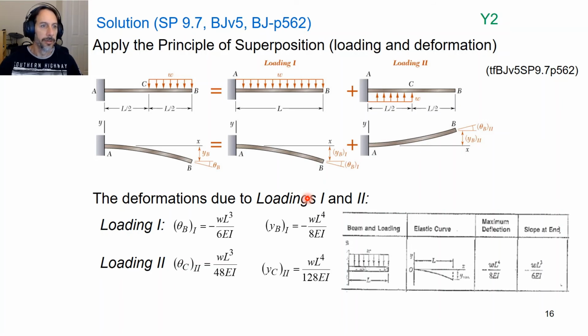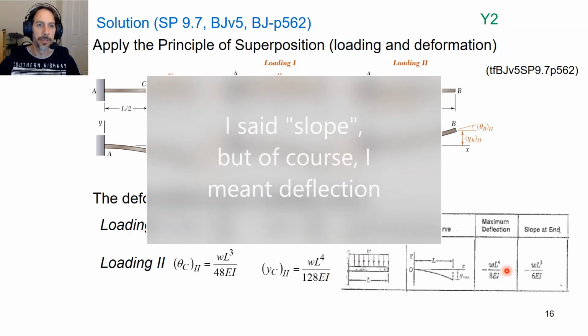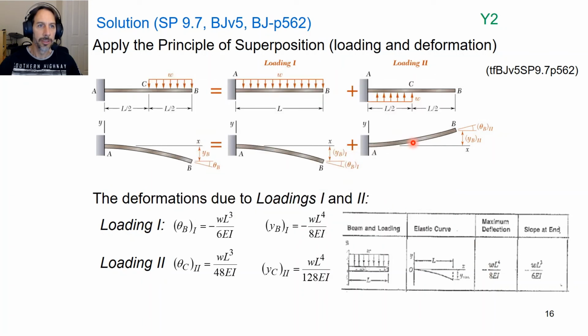And then our deflection is this equation, because we're looking at point C here. We want to know what this deflection is. Again, our length is L over 2, so L over 2 to the power 4. 2 to the power 4 is 16. 8 times 16 is 128.